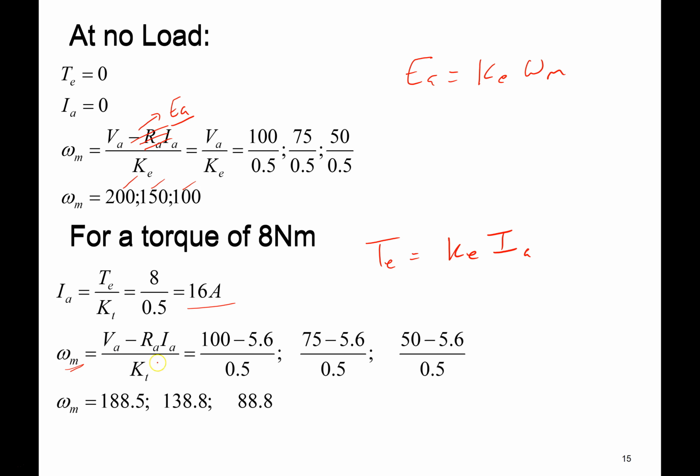Again, I'm going to use V minus I R on K. So I have 100 minus 5.6. This is 0.35 by 16 over 0.5, 0.35 again by 16 in all these cases, which is my voltage drop across the resistance, right?